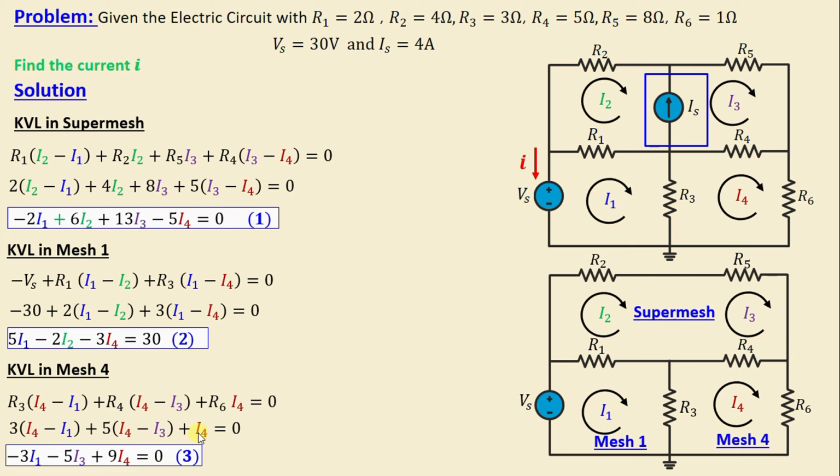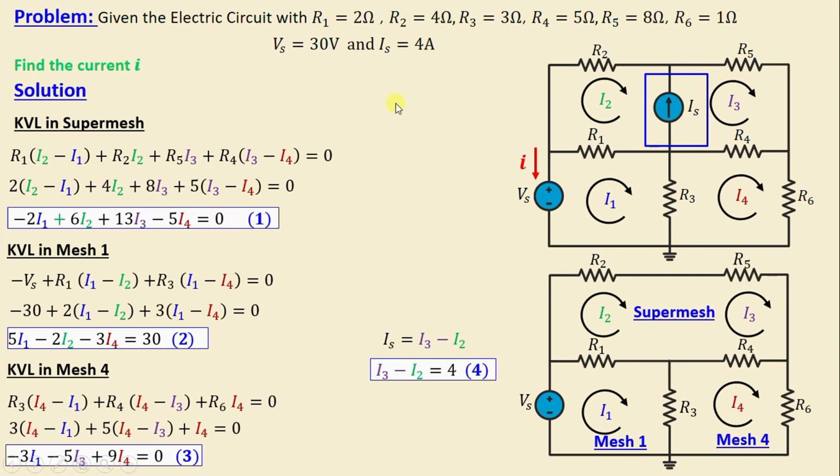We currently have 3 equations with 4 unknowns, which means we require one additional equation to solve this problem. In order to get this equation, let's focus on the current source Is. We can write Is is equal to I3 minus I2.